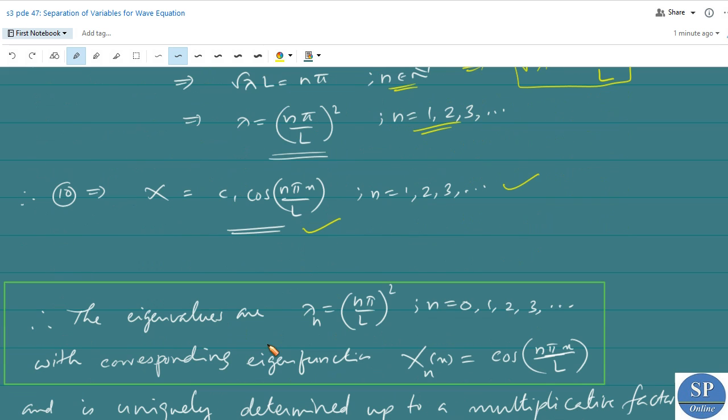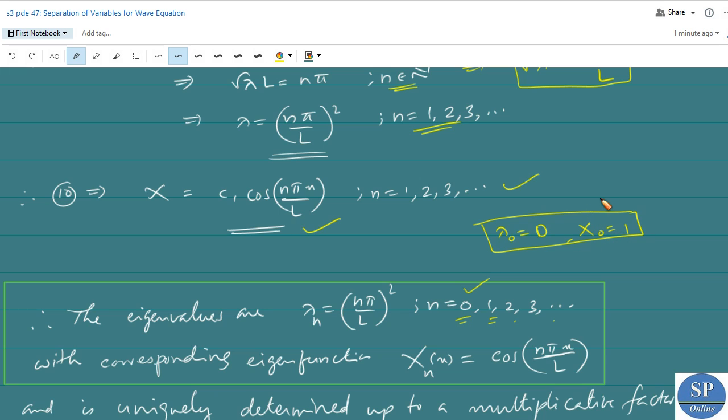So we have obtained that the eigenvalues are λn = (nπ/L)² for n = 0, 1, 2, 3, etc. We also include the value 0 for n, because when n equals 0 we already obtained λ0 = 0 and the corresponding eigenfunction will be 1.